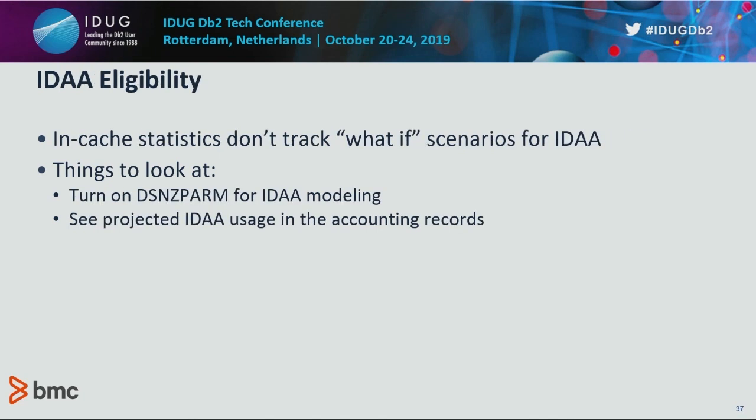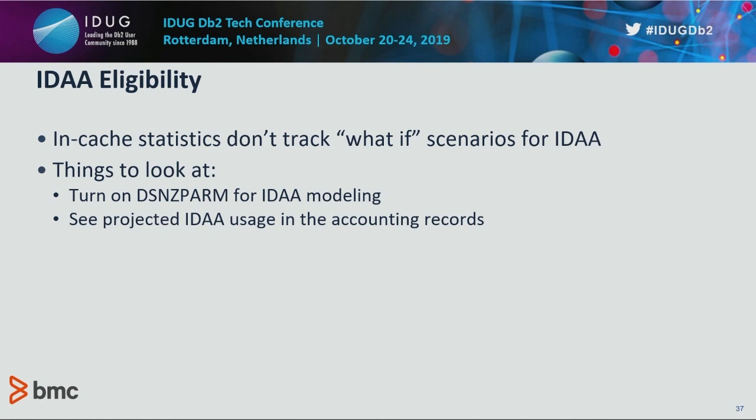IDAA eligibility. With these statistics, we are reporting accelerator activity, but there's not really a way to assess something that's not accelerated and easily see from those numbers whether it would be a good candidate for acceleration.